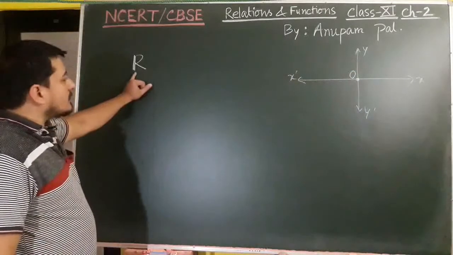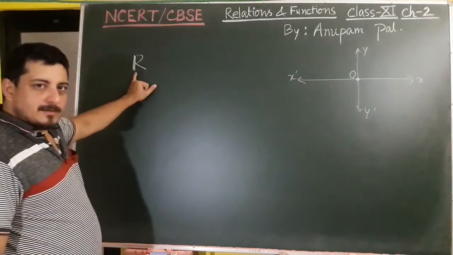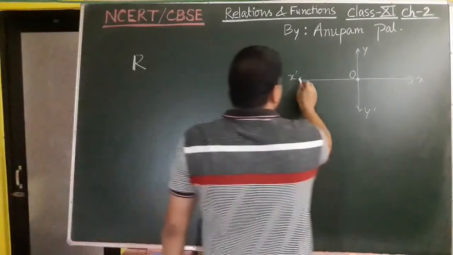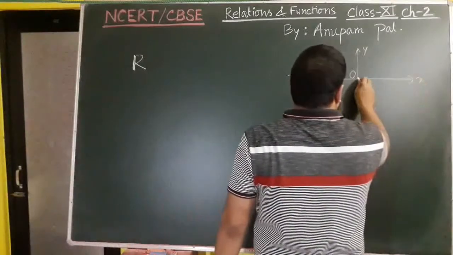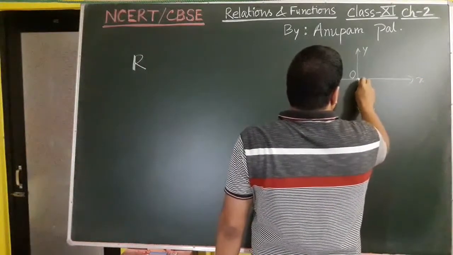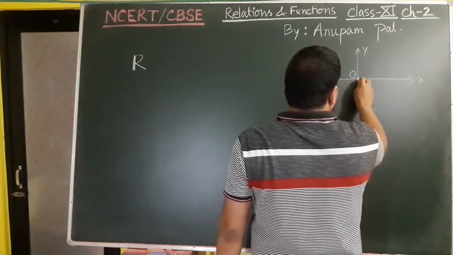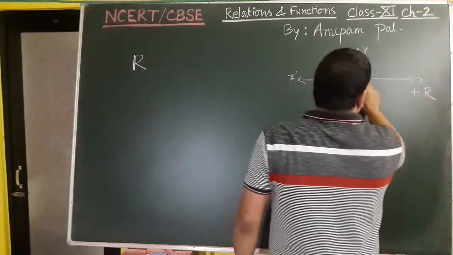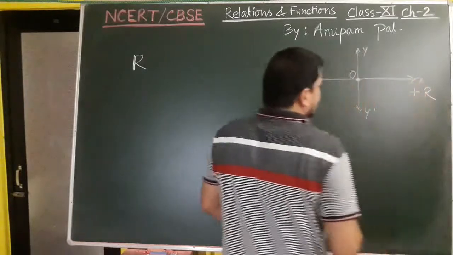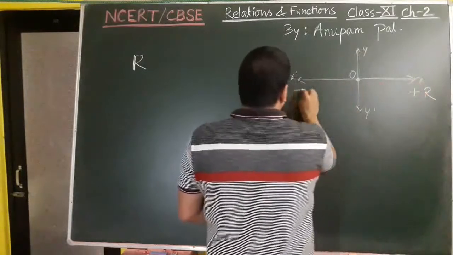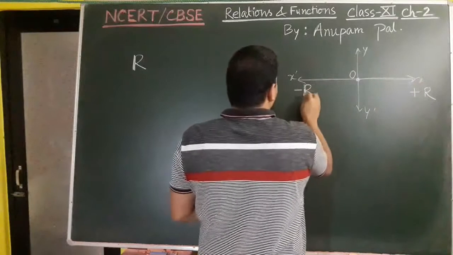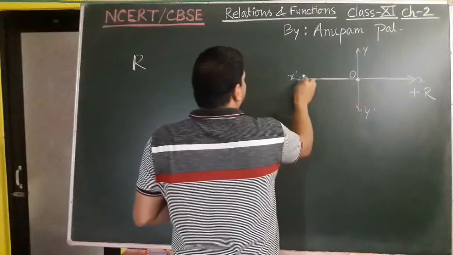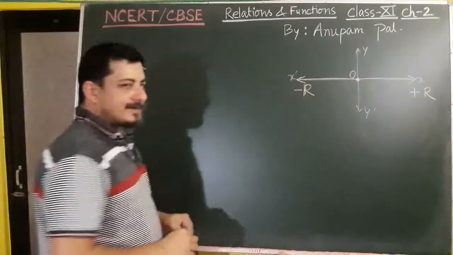Okay, and you roll this real axis R, the set of all real numbers, on this X axis such that 0 falls on this point, the origin, and the positive side of R goes in the positive direction of the X axis, and the negative R rolls on the negative side of the X axis.